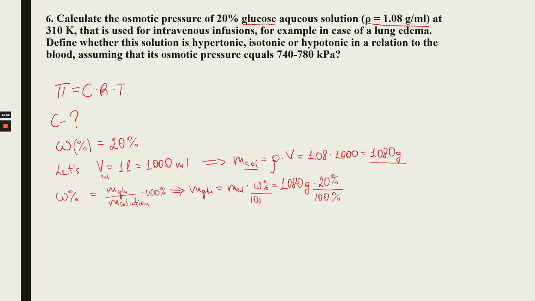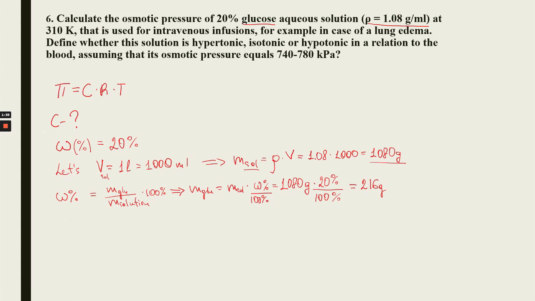So if you do that calculation, you will find that the mass of glucose is 216 grams.